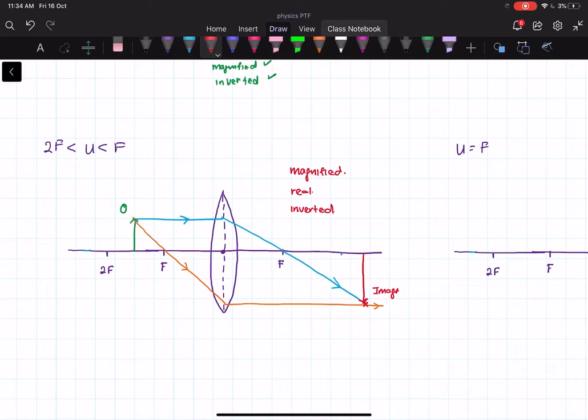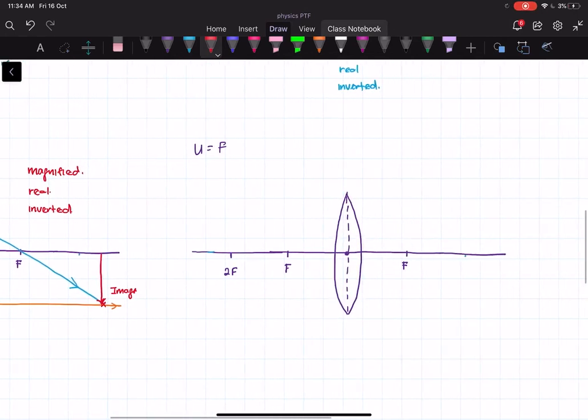Let's move further. When the object is placed exactly at the f point, so kali ini kita akan letakkan objek pada kedudukan F ya. Jadi objek pada kedudukan F. So what happens here? We use the same concept here. Rule number 1: a light ray parallel to the principal axis is refracted passing through the F point.